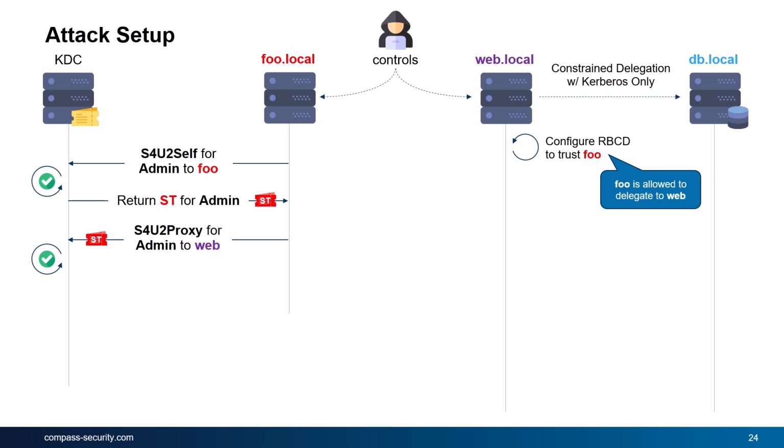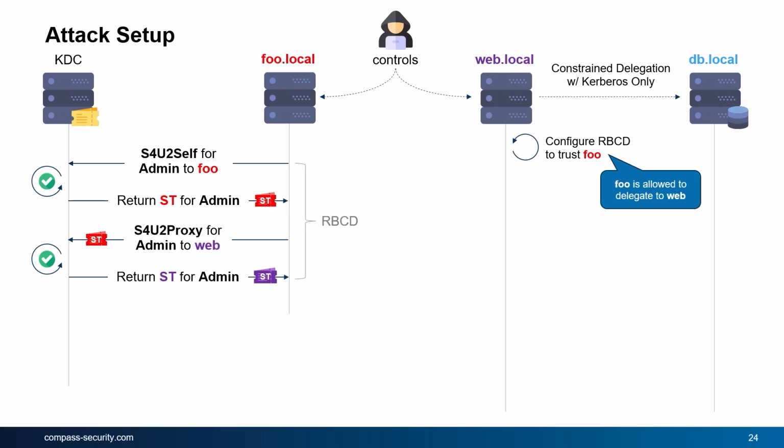Whenever this request is handled by the KDC, it will again check if foo is allowed to do so. And since we have previously set up this configuration, this will also be a valid request, and the resulting ticket is a valid impersonation ticket for admin on web.local.